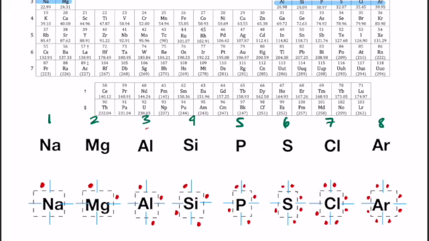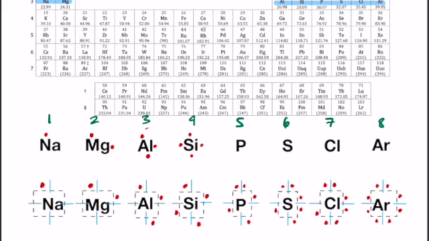Now transferring these to the top, we have sodium over here with the 1 electron. So that comes up and forms that as its Lewis structure. Magnesium has 1 on this side and 1 on this side. Aluminum has 1 on 3 sides. Silicon has 1 on each of 4 sides.